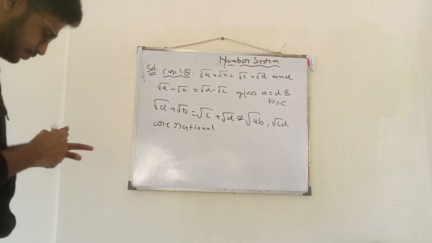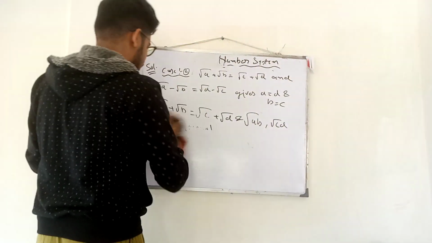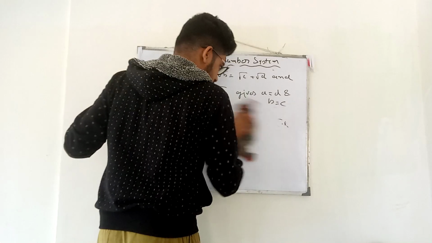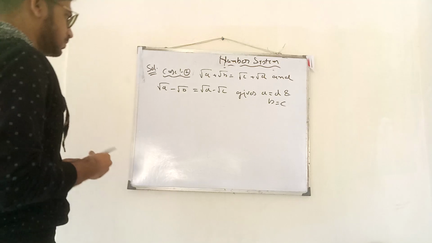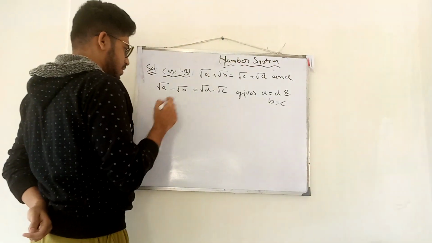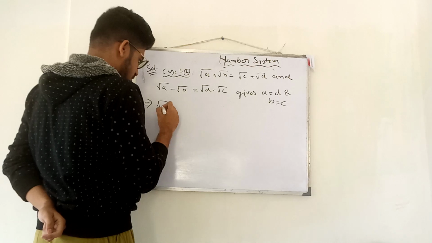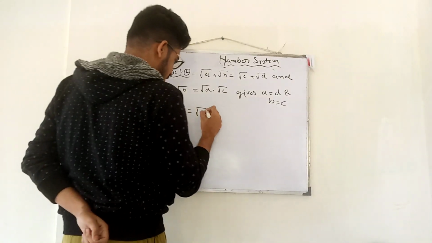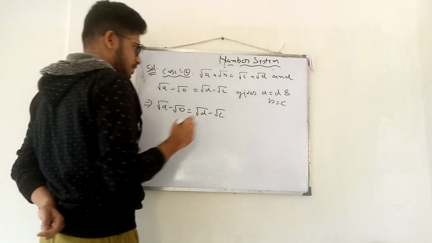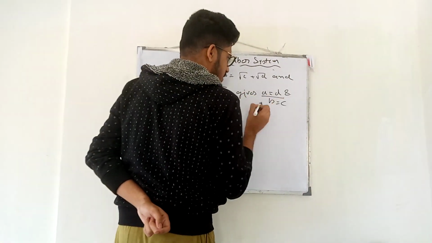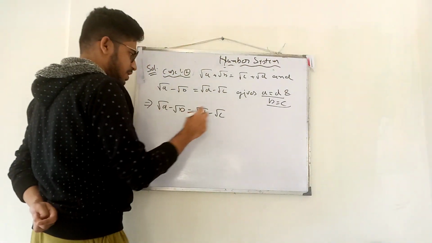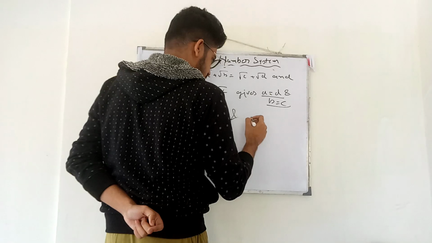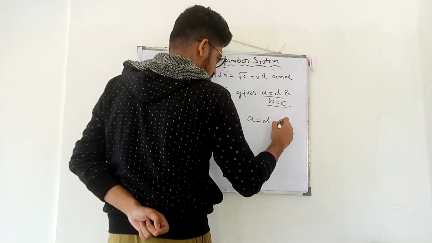Suppose root a minus root b is equal to root d minus root c, which gives a is equal to d and b is equal to c.